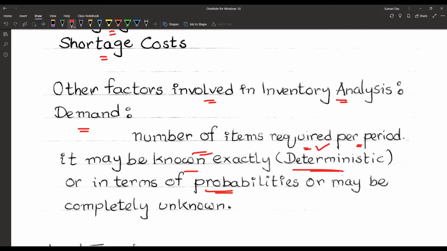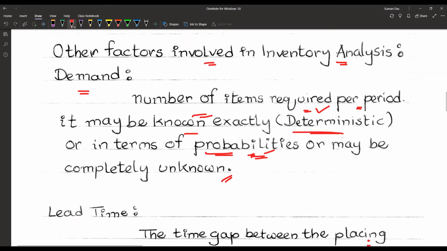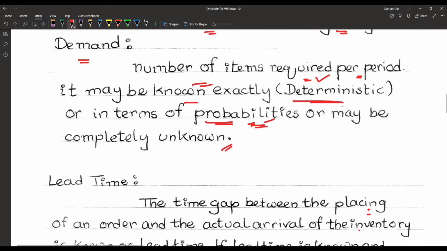And in terms of probabilistic, that means when the total number of items required is not exact but lies in a range, then we say the demand is probabilistic, or based on probability. Or it may be completely unknown, that means we cannot even give a range. That may also happen with the demand.